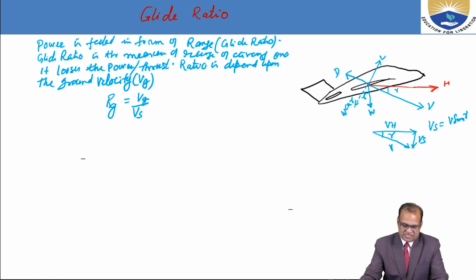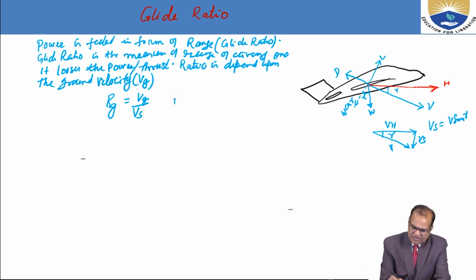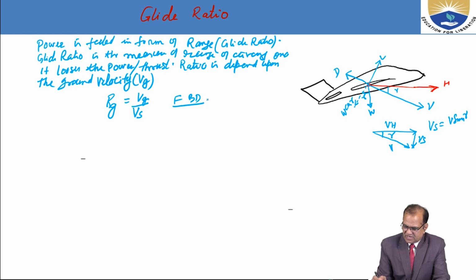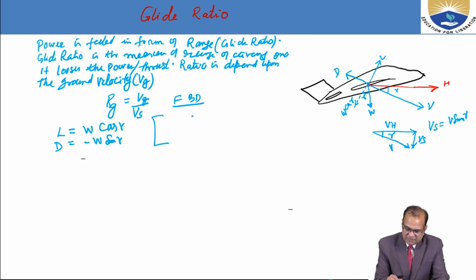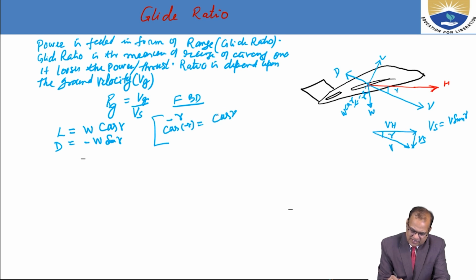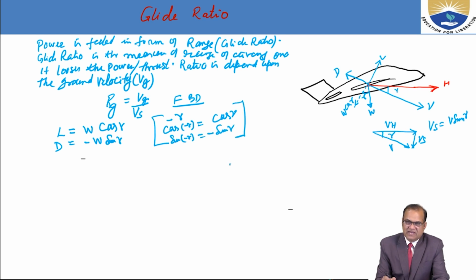If we resolve the forces as we have done earlier, we can see that the lift is equal to W cos gamma, and the drag is equal to minus W sine gamma. Because the angle here is minus gamma, we know that cos of minus gamma is equal to cos gamma, and sine of minus gamma is equal to minus sine gamma, by trigonometry.